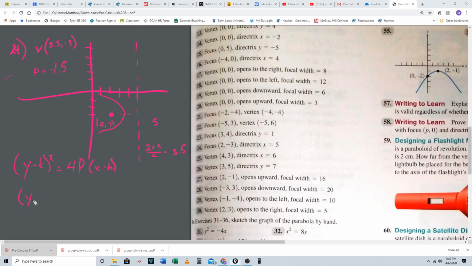So we get (y + 3)^2 = -6(x - 3.5), or x minus 7/2. I'd rather leave it as a fraction just because I'm me. Okay, and there's my answer for number 24.